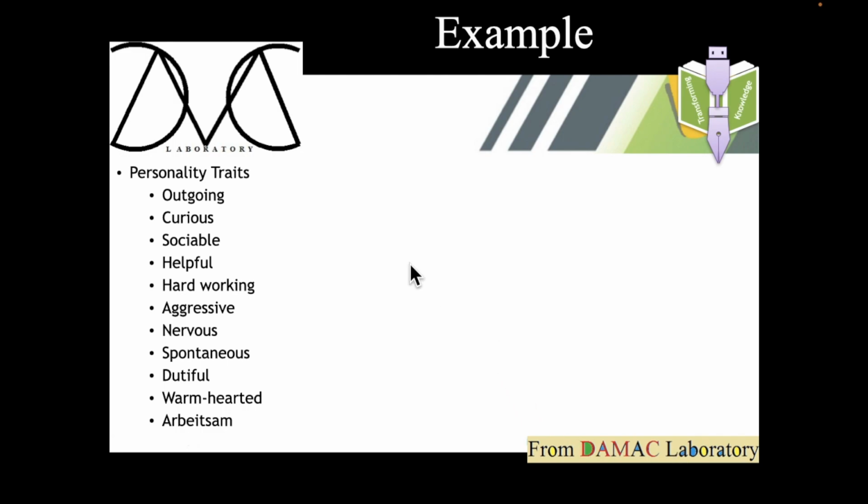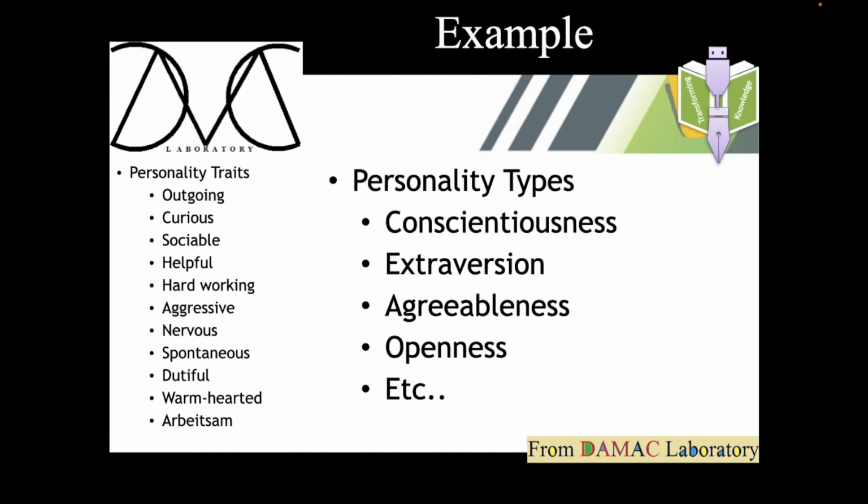Like, for example, these are the personality traits: outgoing, curious, sociable, helpful, hardworking, aggressive. So among this set of personality traits, we will create a data set, and then based on the data set, we will try to generate a few latent variables, for example conscientiousness, extraversion, agreeableness, openness.